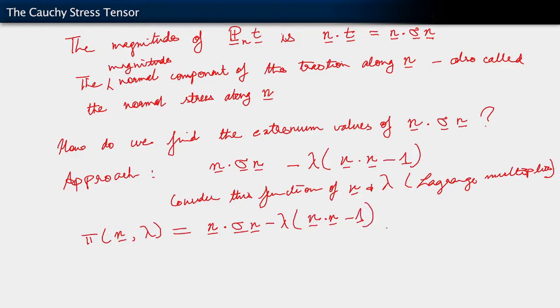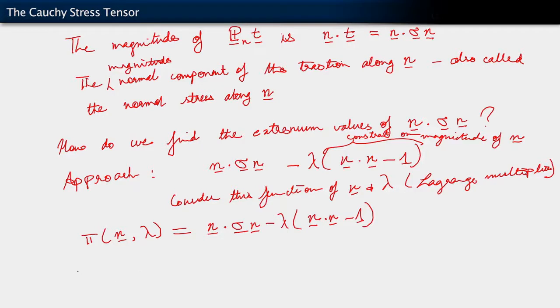The idea here is that this is the constraint, which imposes a constraint on the magnitude of n. And now we consider the extremum problem with respect to n and lambda.